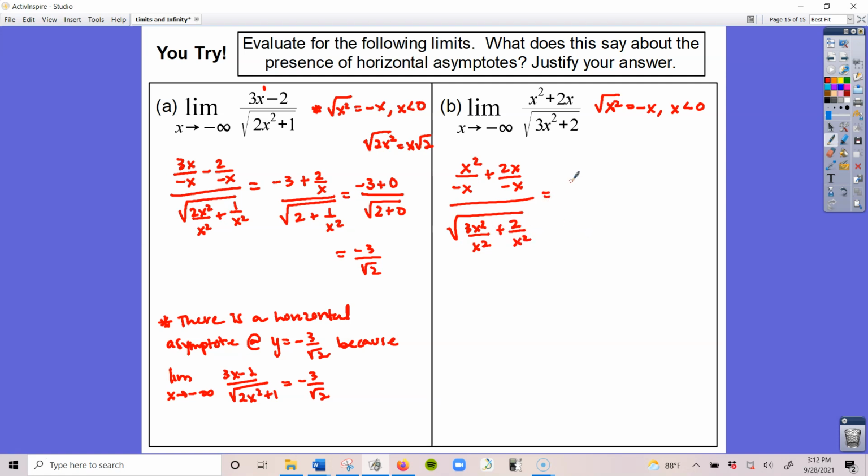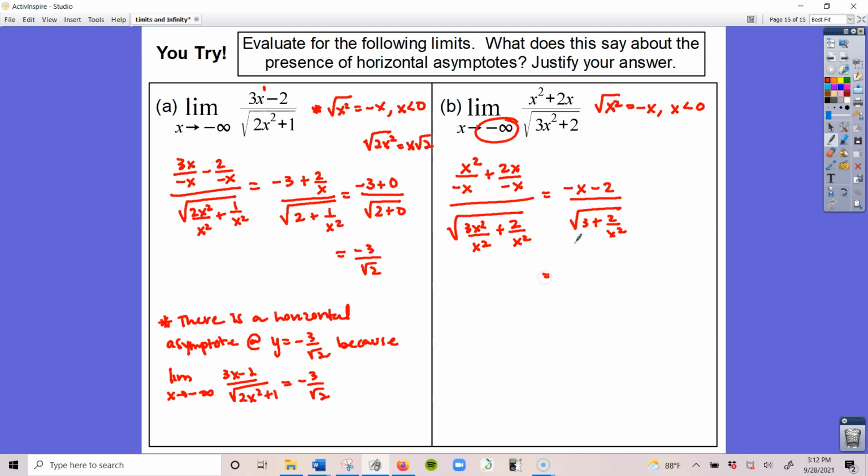Now let's simplify. x squared over negative x is negative x. 2x over negative x will be negative 2 over the square root of 3 plus 2 over x squared. Now we're going to plug in negative infinity.